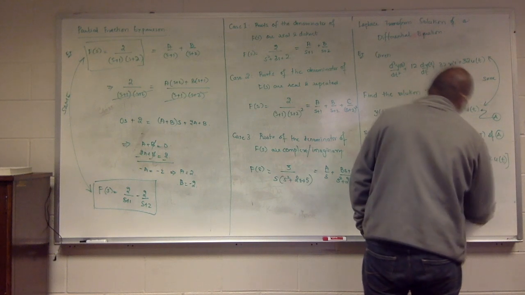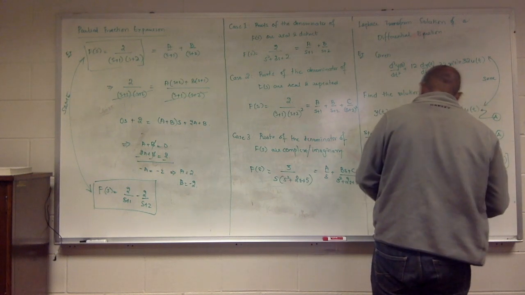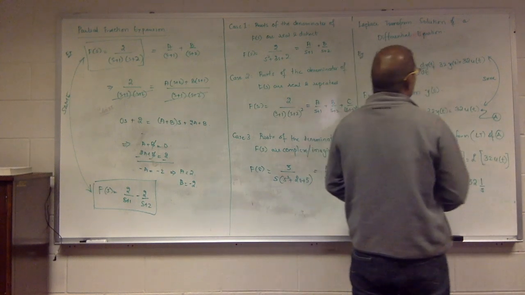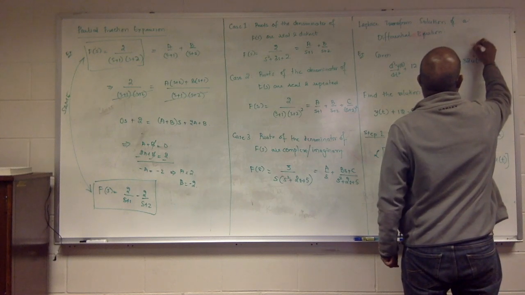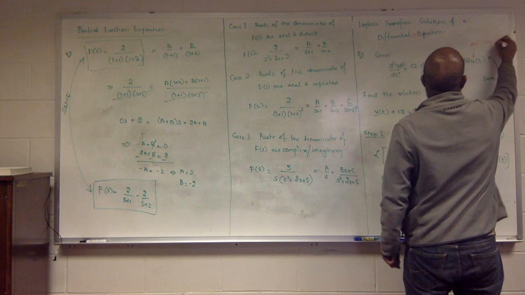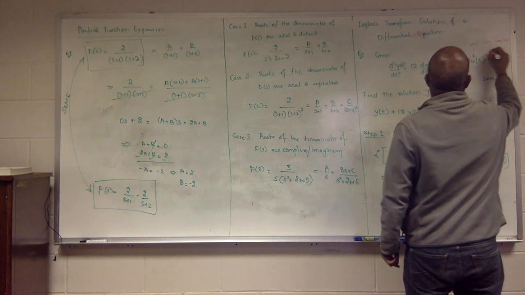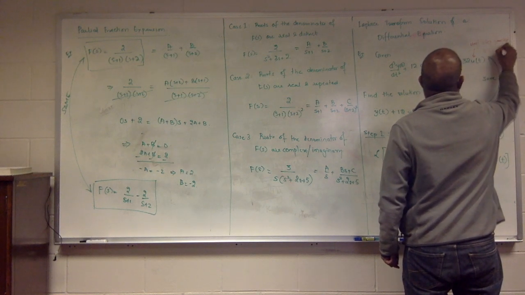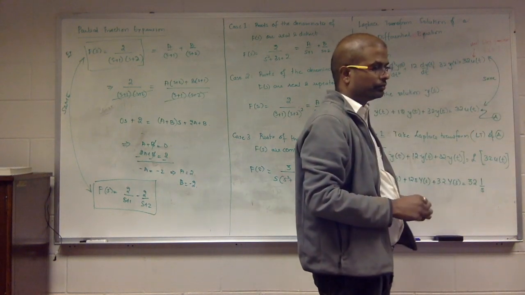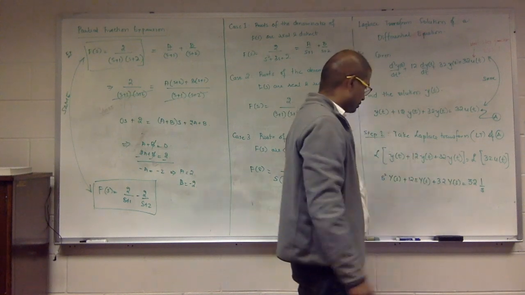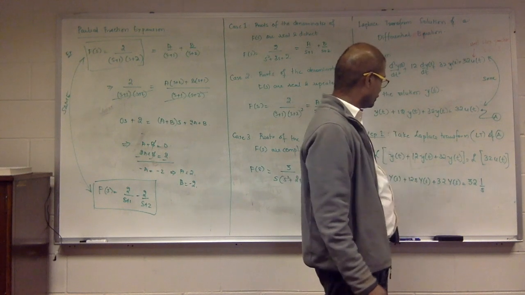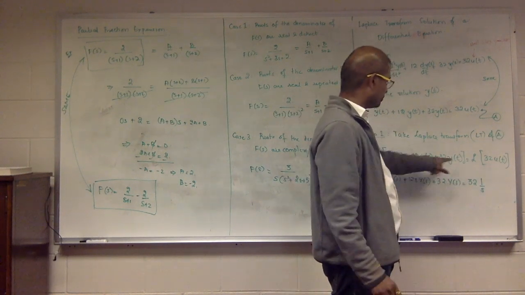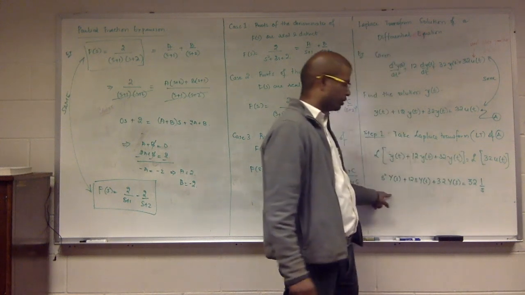I'll talk about this u of t. It's a unit step function, and typically u of t is 1. You got it? And the Laplace of 1 is 1 over s. Got it? So you're with me until this point? I've just taken the Laplace, and this is what you get.